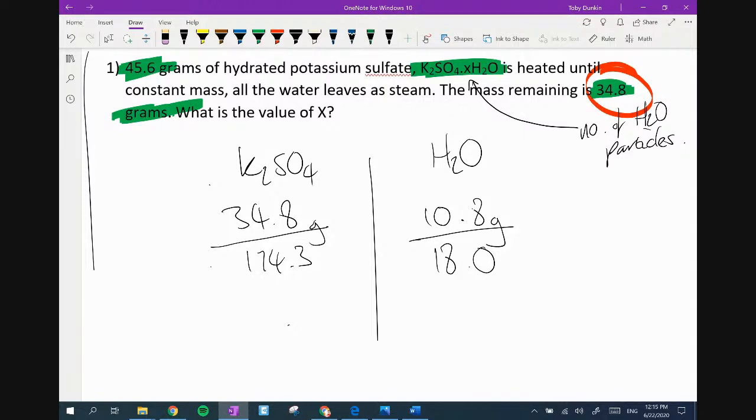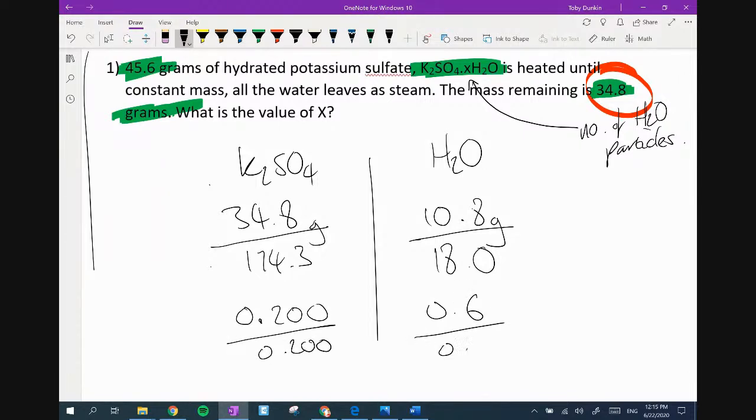Right, let's run the maths. 34.8 divided by 174.3 gives me 0.199. Actually rounds to 0.200, amazingly. 10.8 divided by 18 gives me 0.6. Divide them all by the smallest.